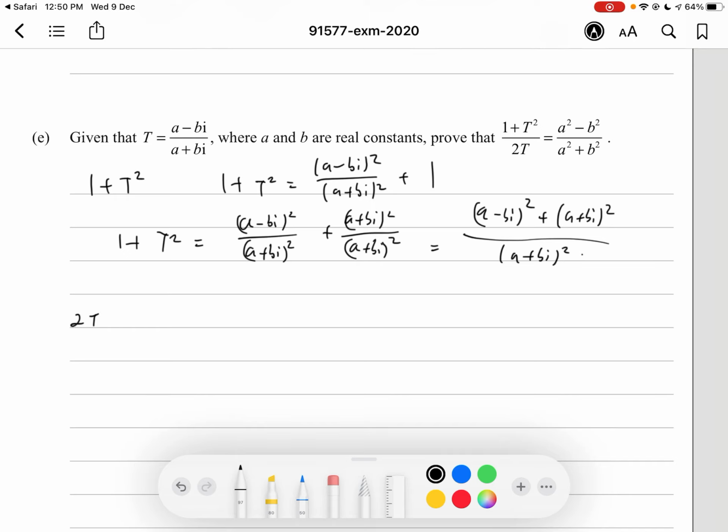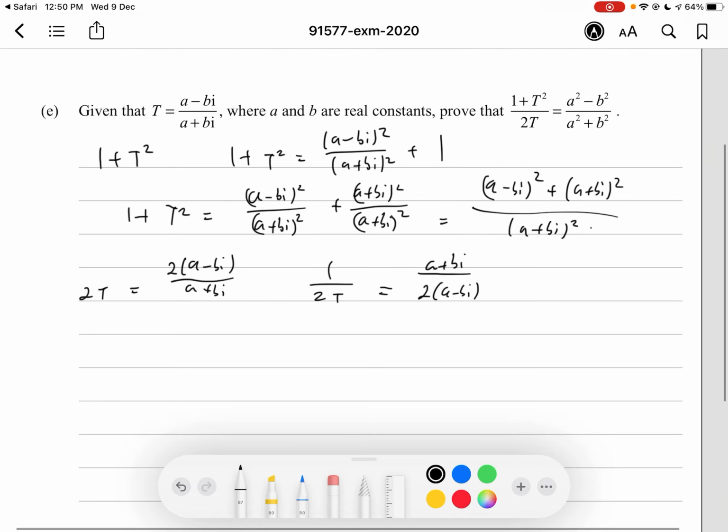For 2t, we're going to have just 2 times (a − bi)/(a + bi). But since we're multiplying by 1/(2t), we have 1/(2t) = (a + bi)/(2(a − bi)). Alright, so now we're going to simplify this expression.